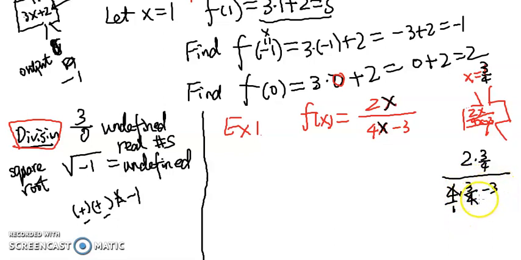That's 0. So you're going to get something on the top divided by 0 on the bottom, which is undefined. It doesn't matter what the top is, 3 or 2 or 1 or even fraction 3/2. You cannot divide anything by 0, so it is undefined.